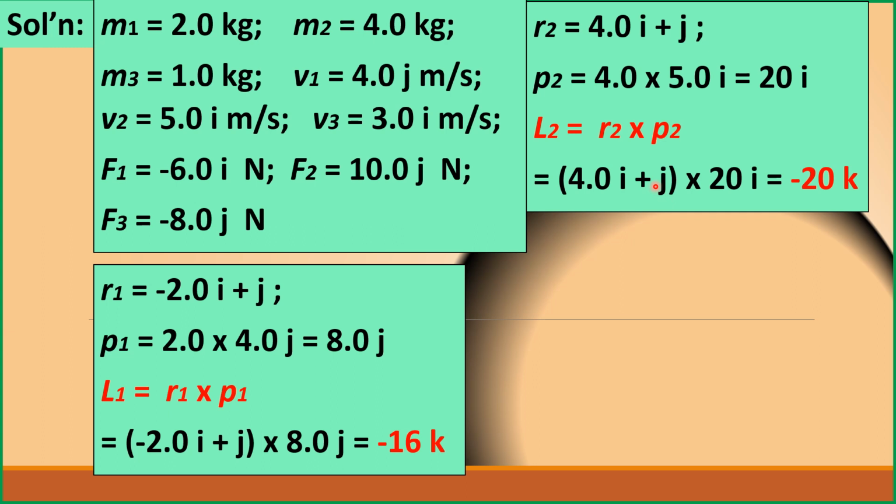And j cross multiplied to 20i will give us negative 20k, right? The negative sign can be verified again using your right hand rule.